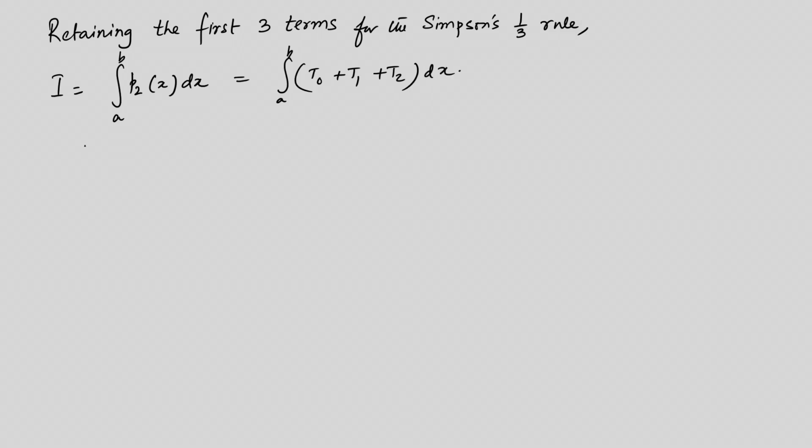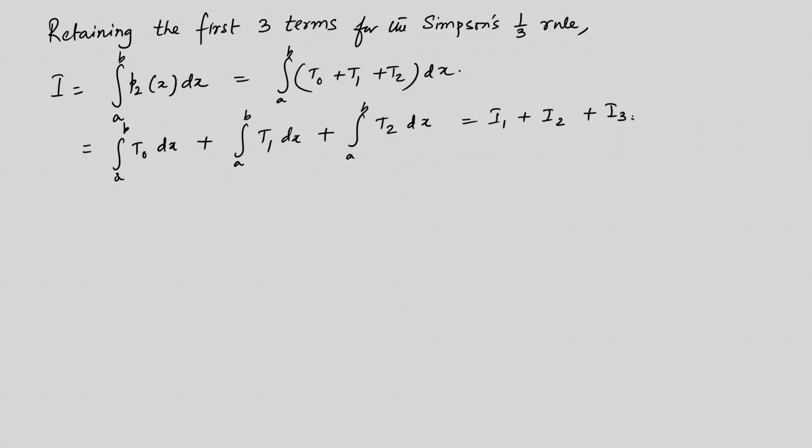Okay. So, this can be written as the integral from a to b of T 0 dx plus the integral from a to b of T 1 dx plus the integral from a to b of T 2 dx, and let us call them I 1 plus I 2 plus I 3. Those are the three integrals, and these contributions will have to be combined in order to get the Simpson's 1/3 rule formula.